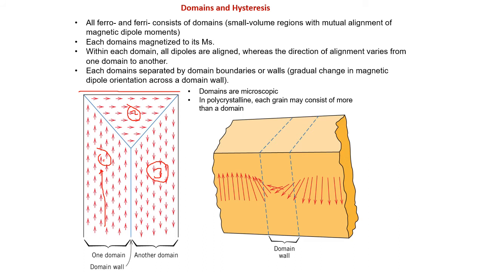Each domain is separated by a wall, where a gradual change of magnetic dipole moment can occur, hence it will change their direction.